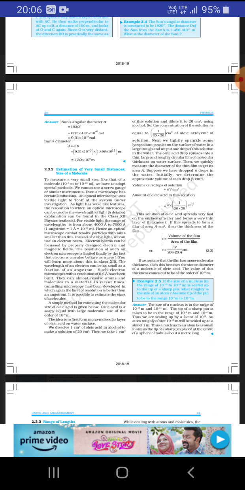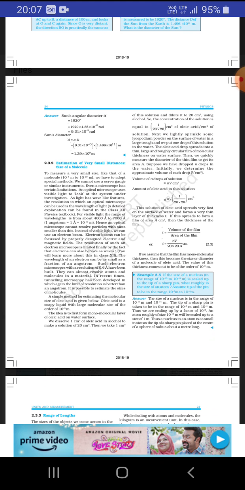Hence the optical microscope cannot resolve particles with sizes smaller than this. Electron beams can be focused by properly designed electric and magnetic fields, and we will learn all this in our 12th standard.